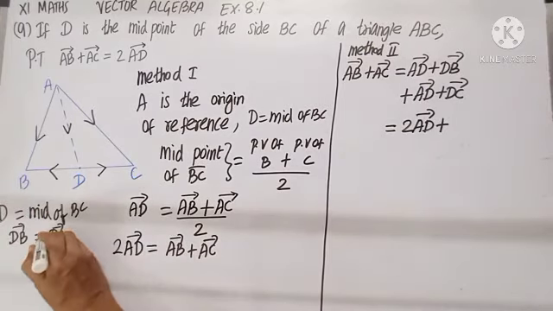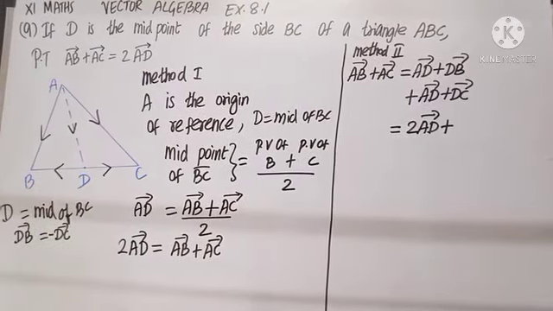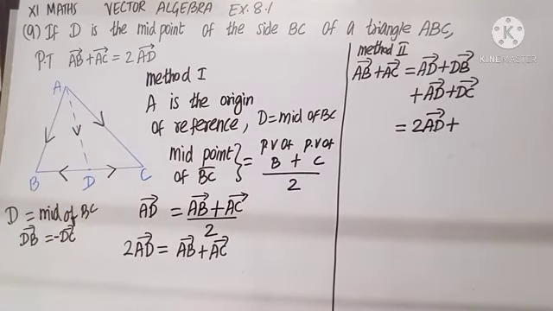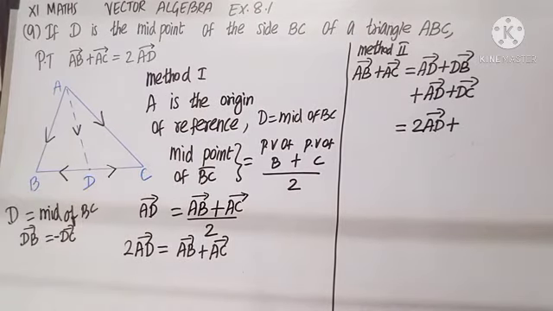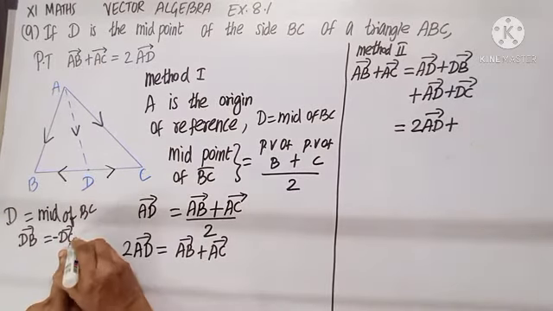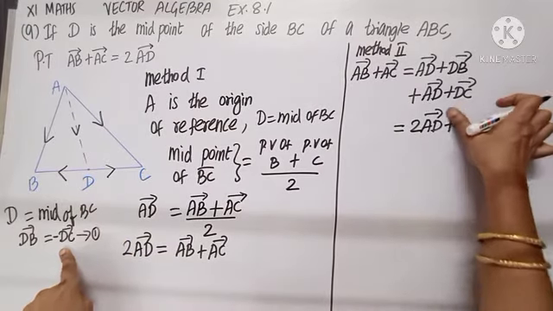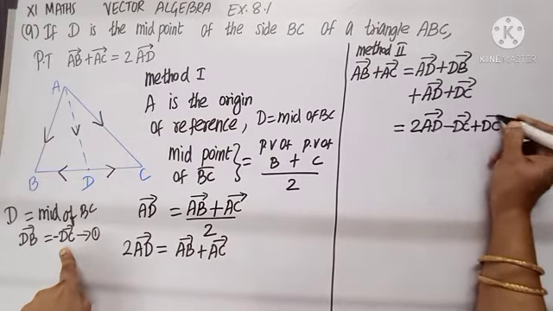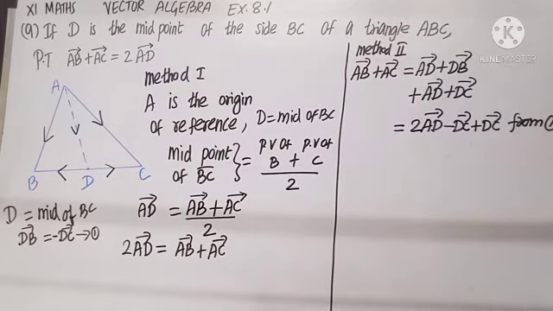So they are equal in length but opposite in direction. So wherever DB comes, I can very well write minus DC. Call it result number 1. So the DB vector, I write as minus the DC vector, and this I write as usual plus the DC vector, and I use result number 1.